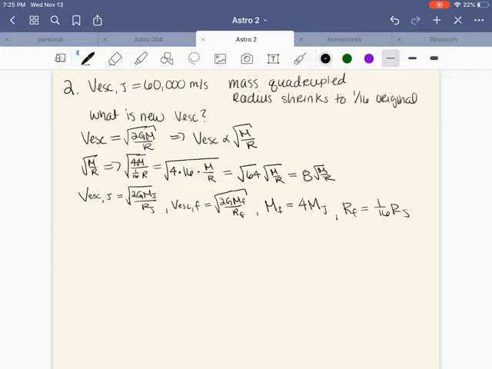So my v escape final is equal to root 2G, and I'm going to replace the final mass with 4 times the mass of Jupiter, and my final radius with 1/16 the radius of Jupiter.